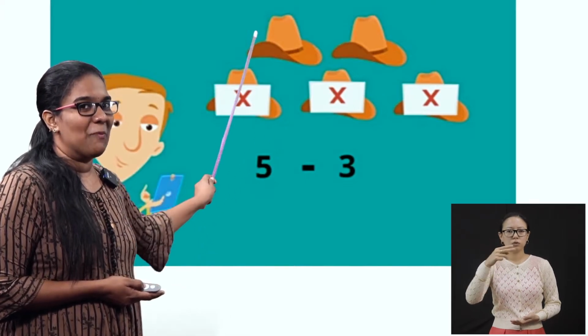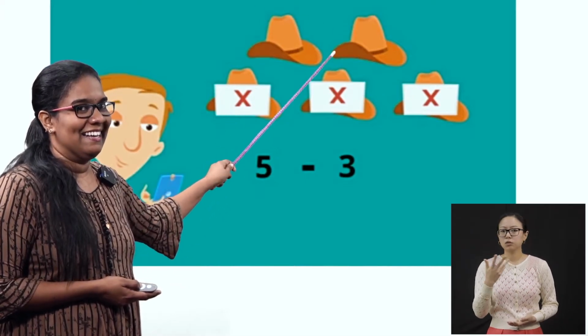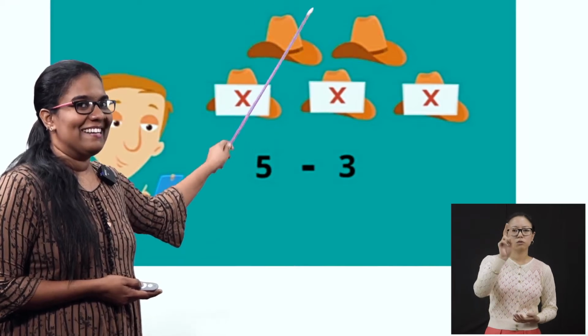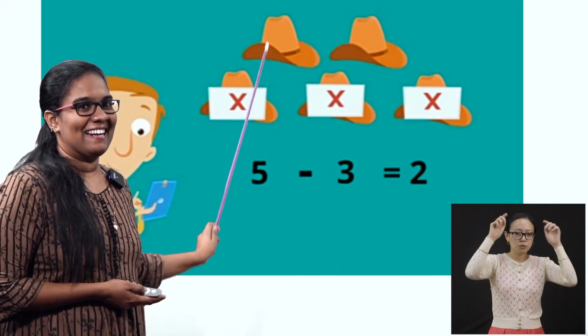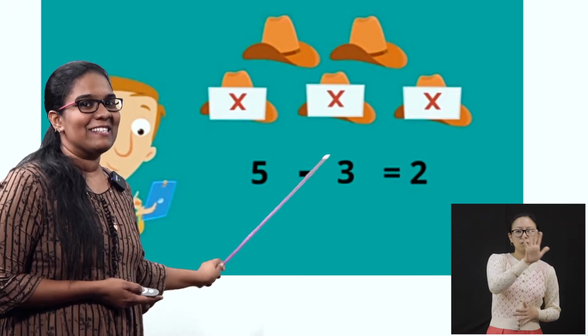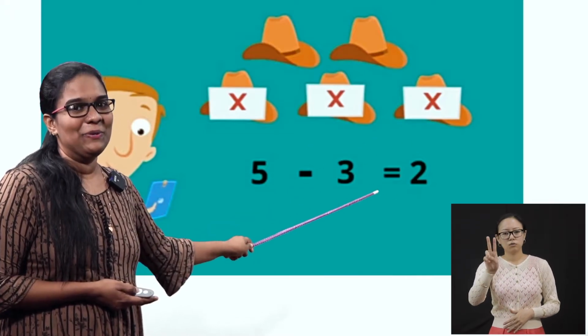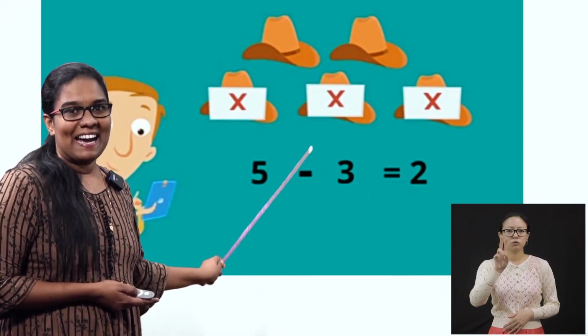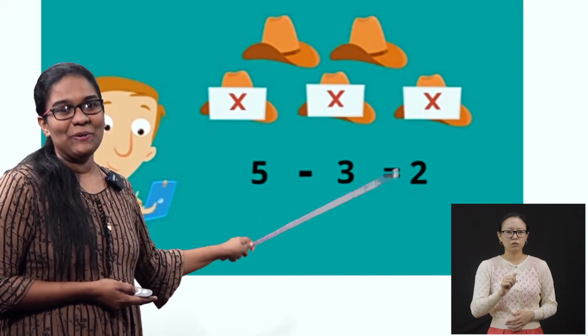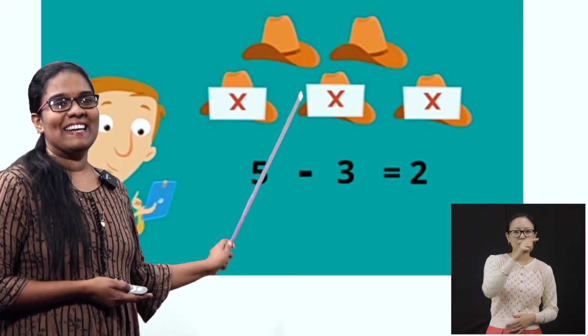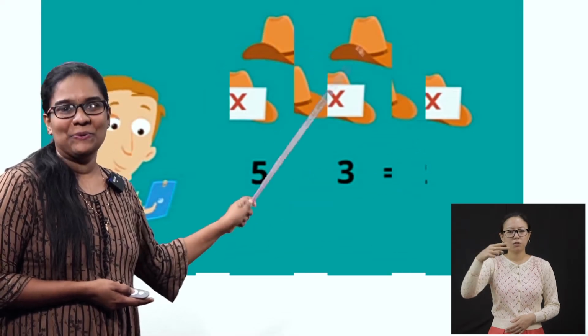Then tell me how many hats are remaining here? 1, 2. Yes, that is 5 minus 3 is equal to 2.